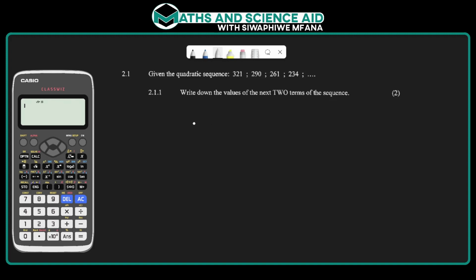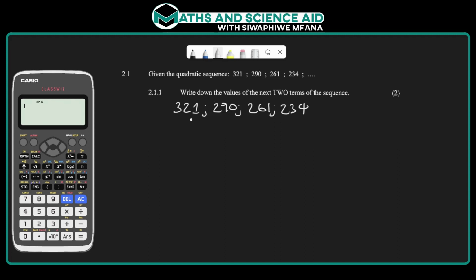And to do this, we can take down the terms of the quadratic sequence as they have given us. And then this is a quadratic sequence, so we are expecting to have a constant second difference because that is a characteristic of quadratic sequences.